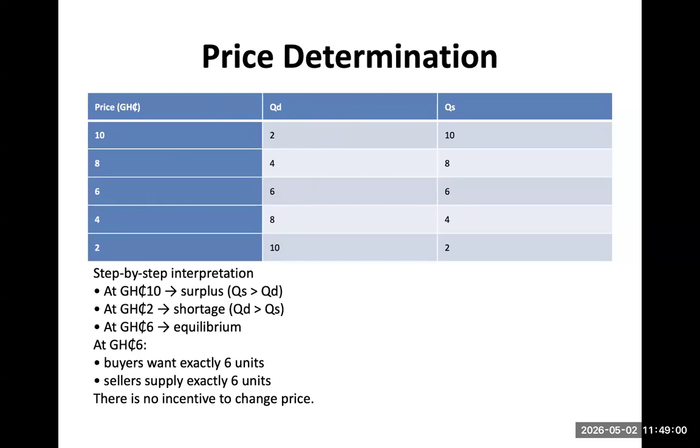At 6 cedis, the buyers want exactly 6 units of quantity, and the sellers supply exactly 6 units of quantity. Therefore, there's no incentive to change the price. So the equilibrium price has been established at 6, and the equilibrium quantity has also been established at 6 units.